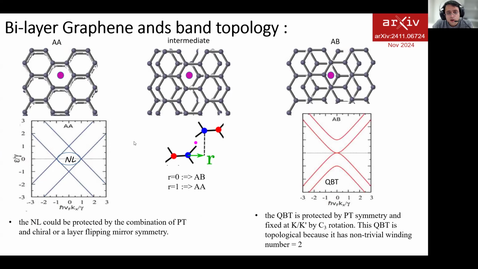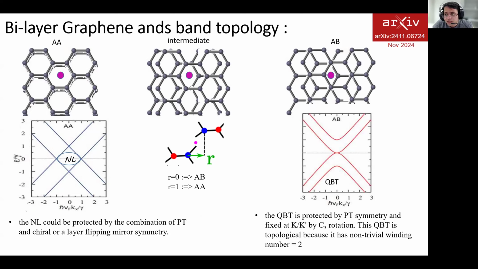Then by just sliding the layers, we can reach another high symmetric stacking, which is AB graphene, and if we do that, we reach a quadratic band touching. We already told you that quadratic band touching has some topological protection in a PT symmetric system.